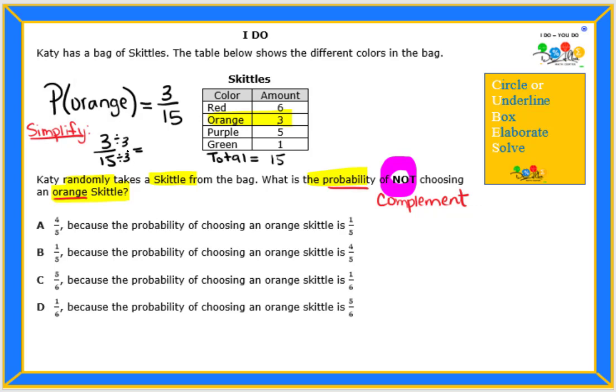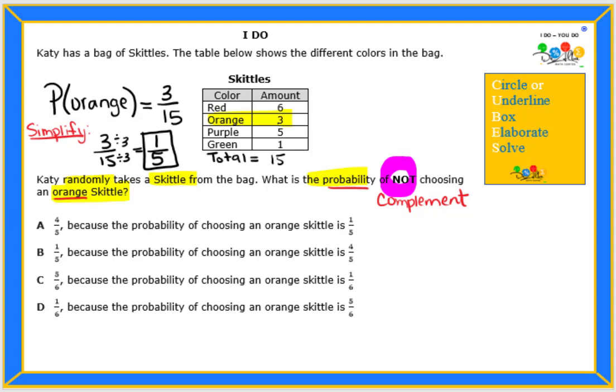So now 3 divided by 3 is 1, and 15 divided by 3 is 5. So we have our equivalent fraction, 1 out of 5.